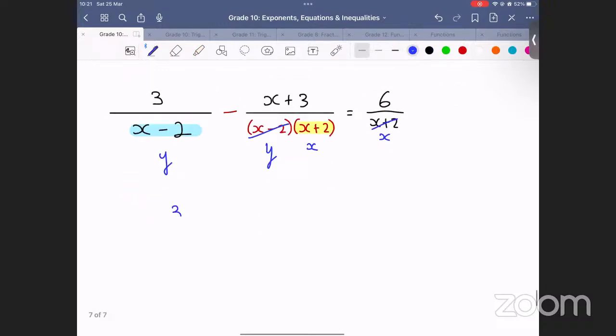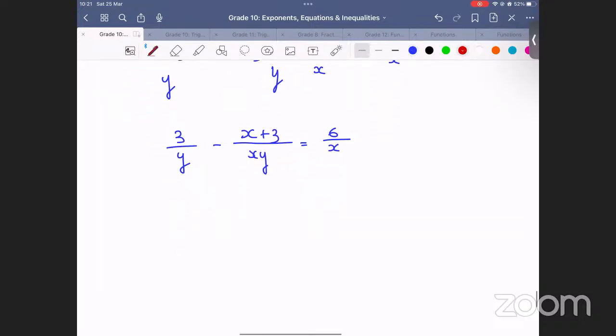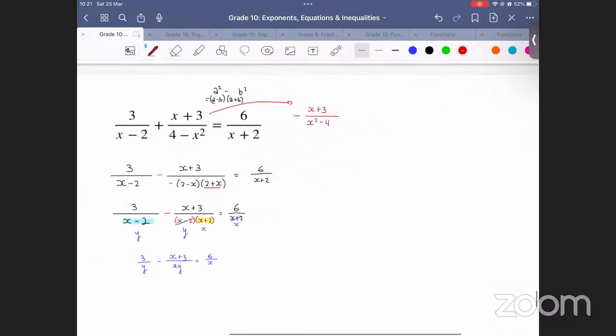So if we rewrite it in terms of that, I'd have 3 over y minus (x plus 3) over xy, I guess, is equal to 6 over x. Now, maybe this is a bit simpler because now your lowest common denominator should contain each variable. This is a rule that I'll tell you.